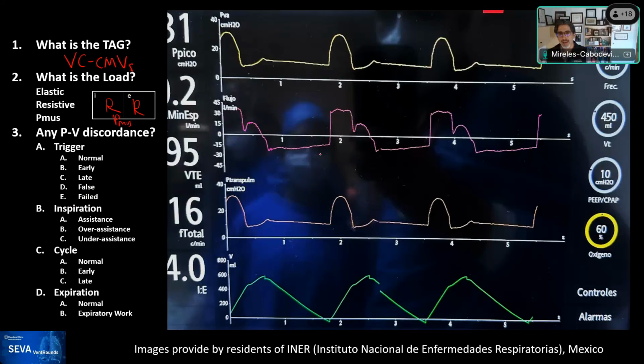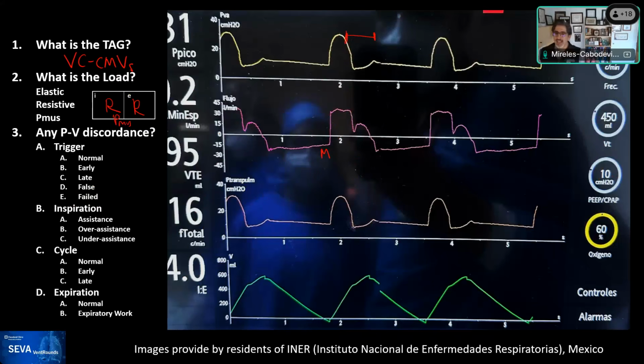So these are all mandatory breaths. And because we're controlling flow, we look at the pressure, and you can see that after the pressure goes up and the flow is constant, there is this major dip in pressure that starts here and ends all the way over here. So I'm going to say that this is all PMOS.